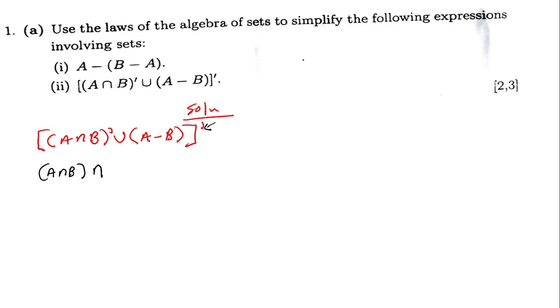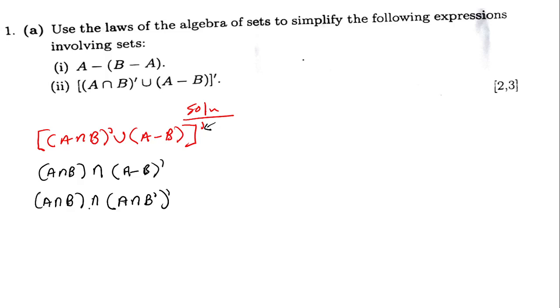And then A minus B, you multiply it by a complement, it will surely be A minus B complement. Then from there, you can simply say A intersection B, open bracket, intersection. What is inside there, you can change it. So this will be A intersection B complement, and then the complement outside there.